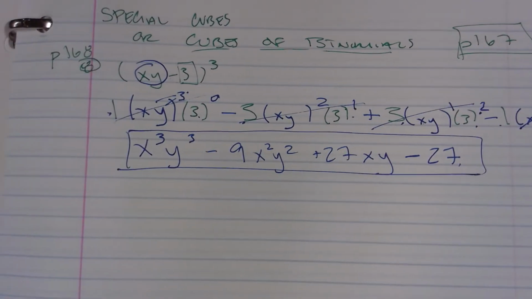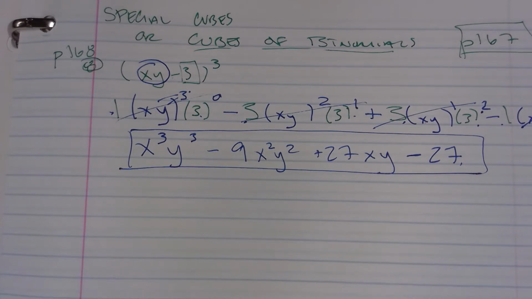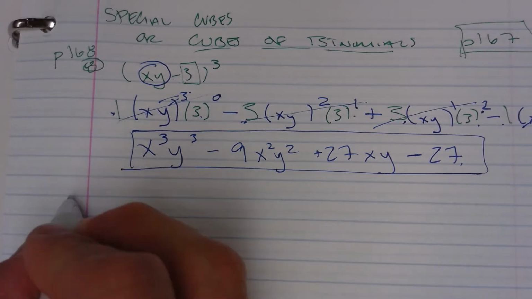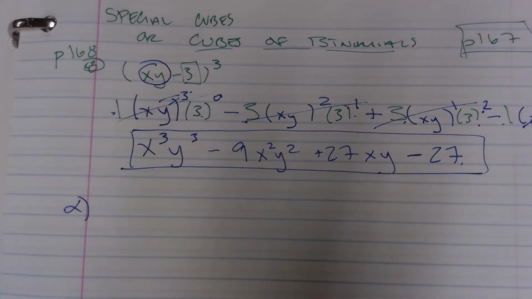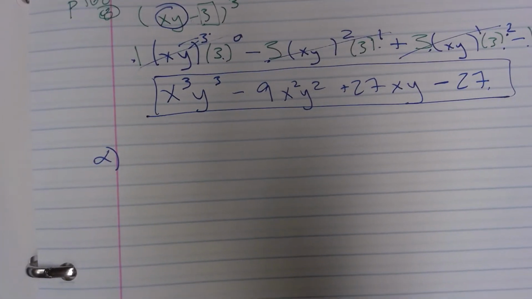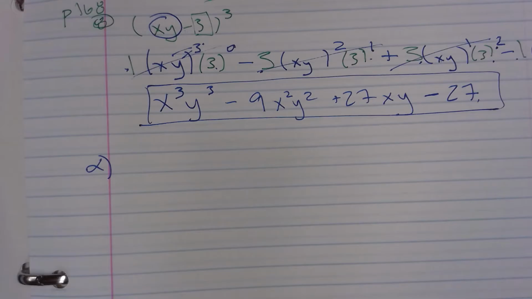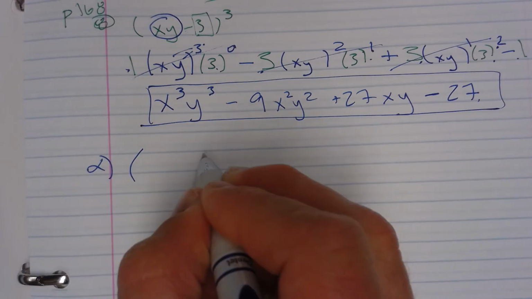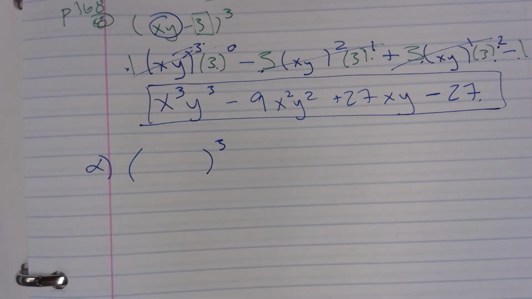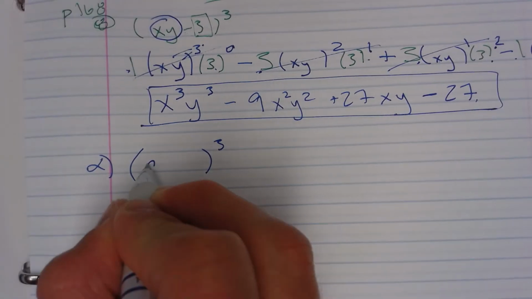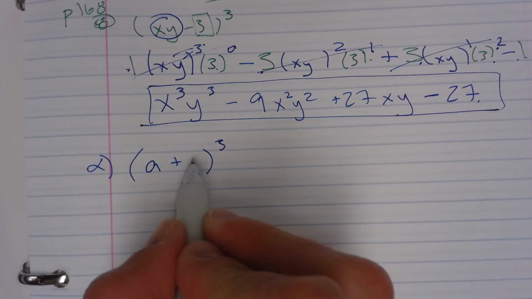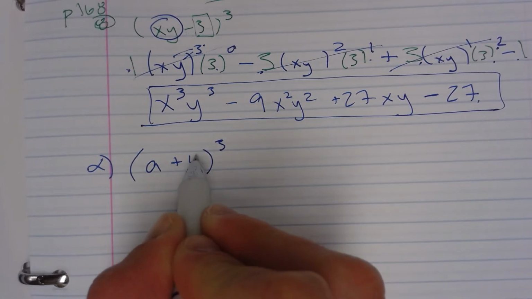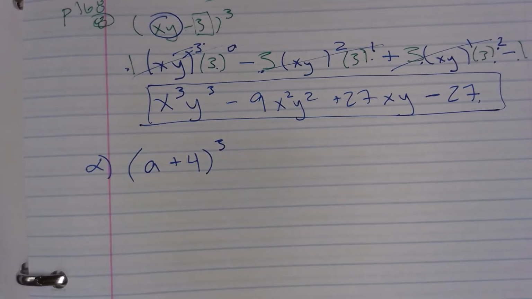Let's do one more, because it's just the same thing over and over again. Let's call it letter alpha. Remember, that's a swimming fish. And let's make it a little bit simpler. How about a plus 4 cubed?